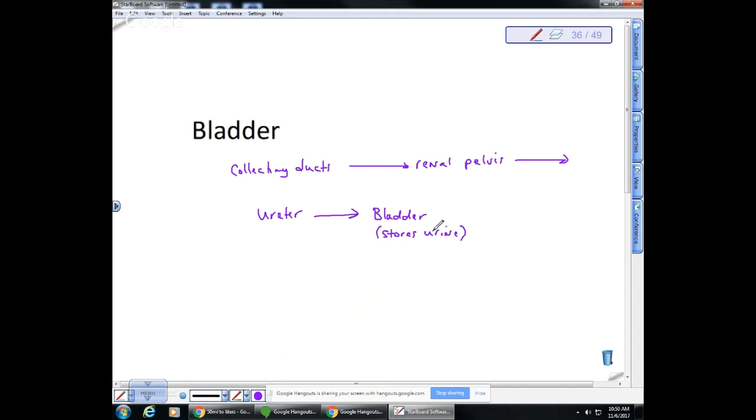Okay. And does anybody know what type of muscle allows the bladder to contract during urination? What type of muscle do you think that would be? Would it be smooth, skeletal, or cardiac? Smooth muscle. So the smooth muscle has stretch receptors.